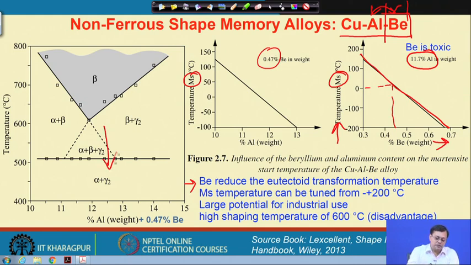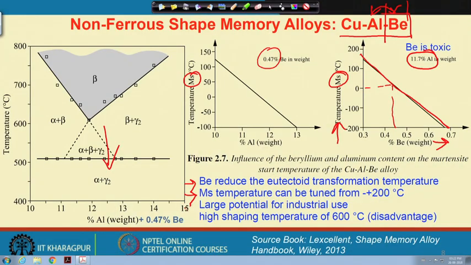So, this transformation could be retarded. So, we can get martensite very easily, and another advantage is that the martensitic start temperature can be tuned plus or minus 200 degree centigrade by very little fluctuation of aluminum or beryllium content. So, this also helps for a large potential for industrial use.